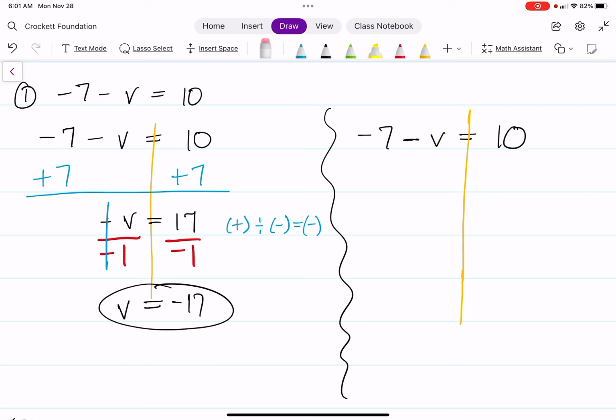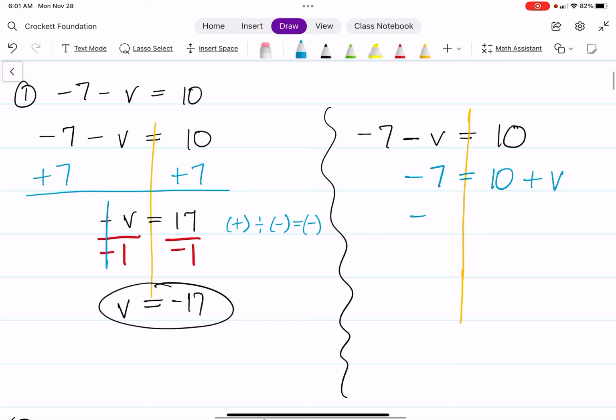For example, I'm going to show you a couple different ways to rewrite it. If I move the v over here, okay, let's show you what that's going to look like. The 7 is going to stay on this side here. So that would be -7, and then I would put equals 10 plus v, or we could write -7 equals v plus 10, okay? Now, let me use a different color to rewrite it another way, okay?